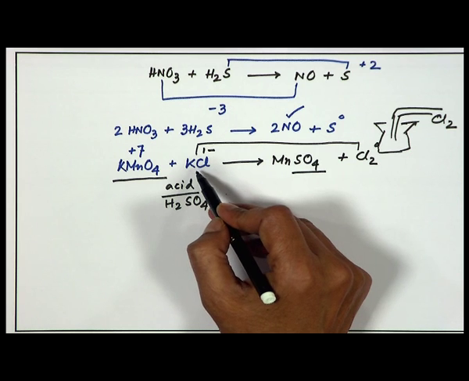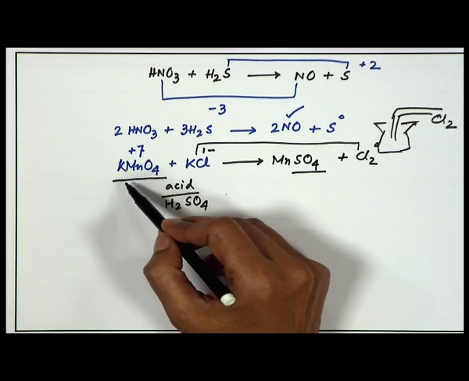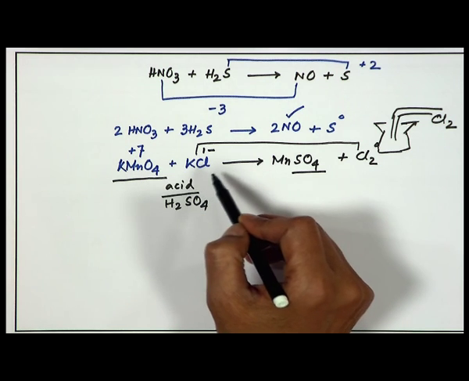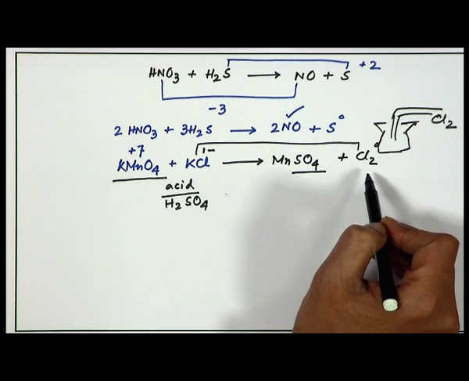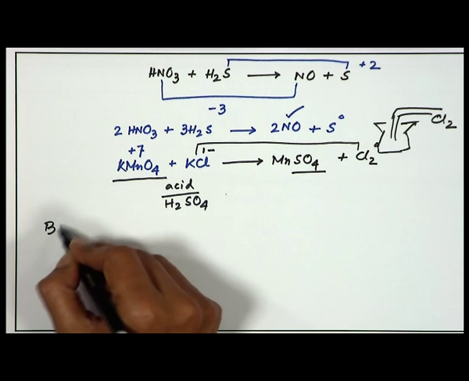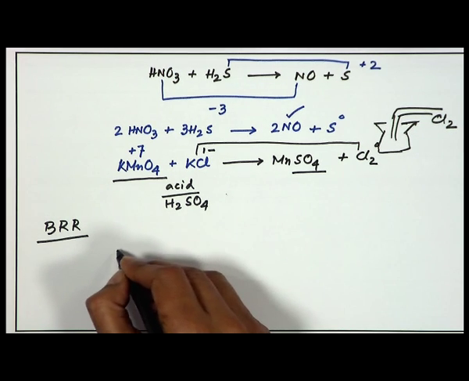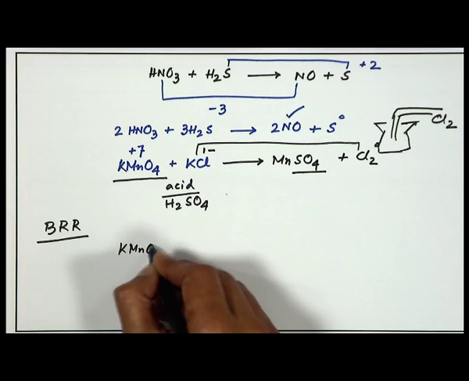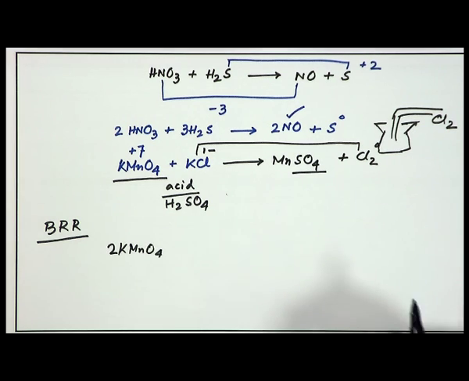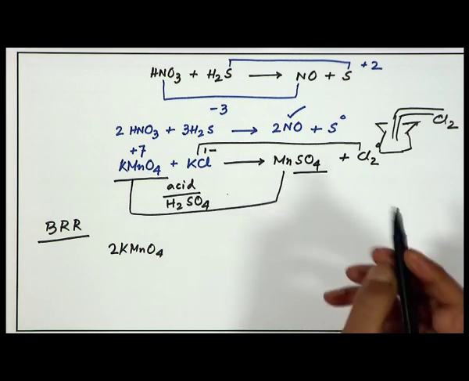KCl will be oxidized, where this KMnO4 will be utilized for its oxidizing power for the production of chlorine gas. So, the balanced redox reaction we can have for this is KMnO4, twice of KMnO4, because the change is 7 to plus 2.